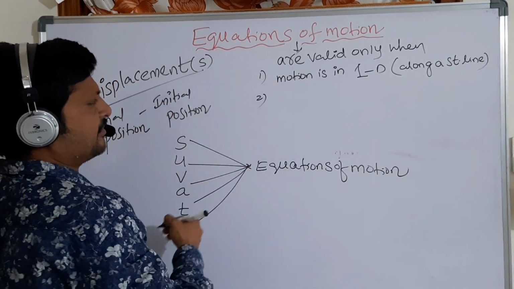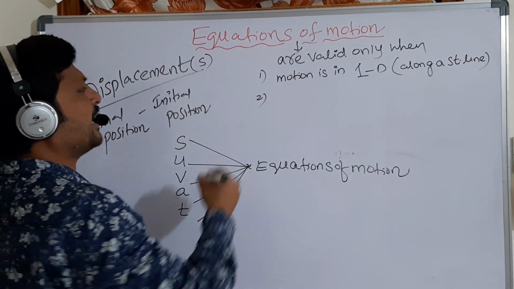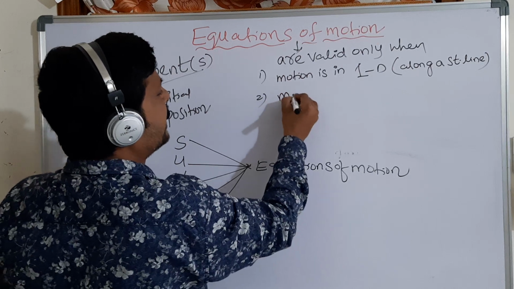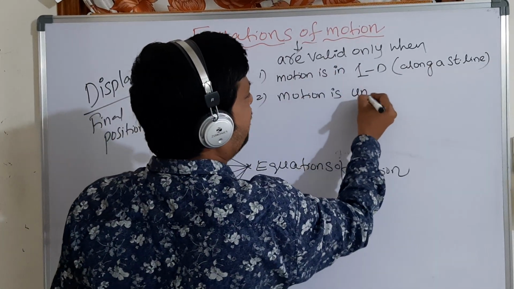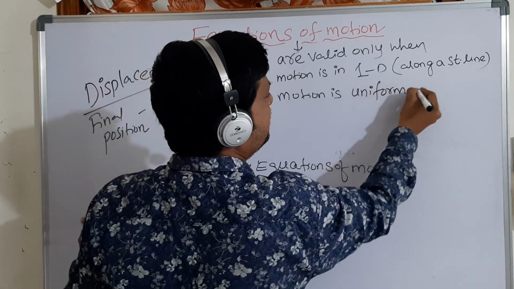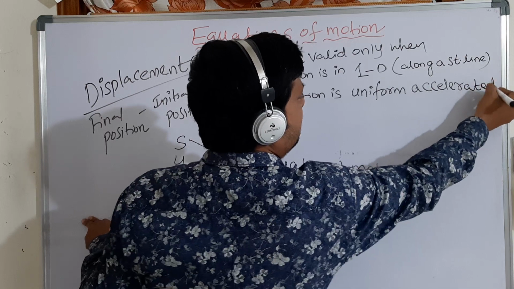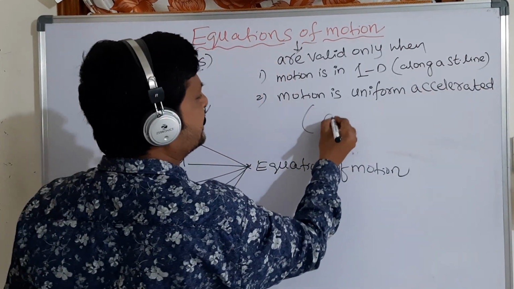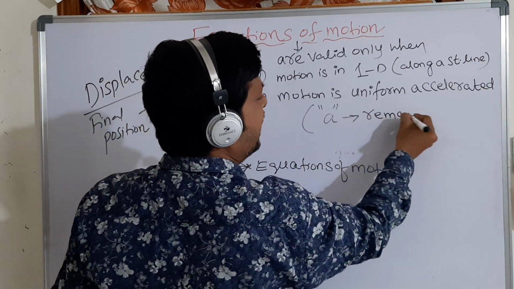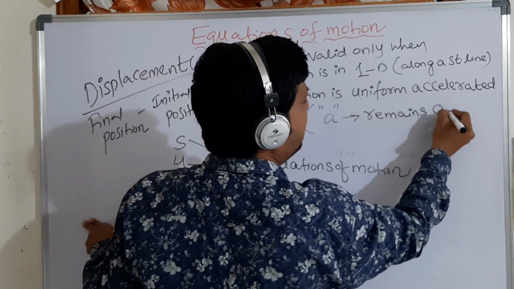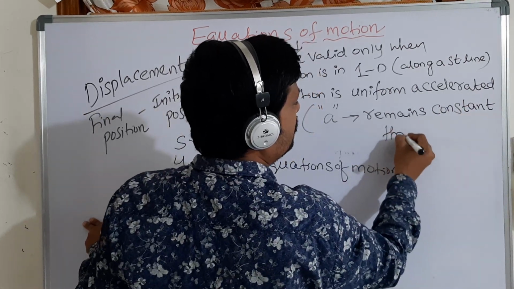Second, these equations of motion are valid only when the motion is uniformly accelerated. Uniform acceleration means acceleration remains constant throughout the motion.